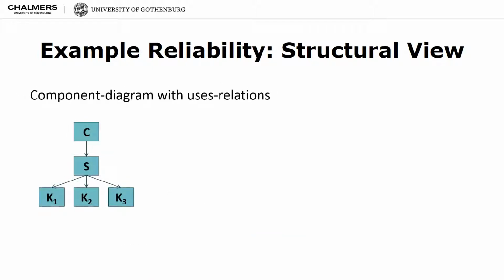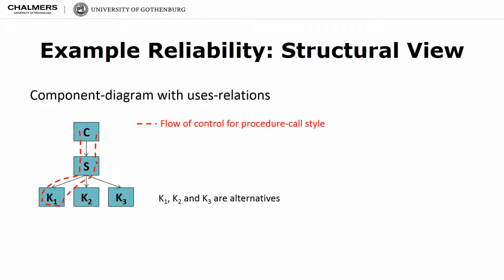Here is another example for reliability based on the structural view. We consider again a system composed out of 5 components, arranged as on the slide. However, in this example, we suppose that K1, K2, and K3 are alternatives to each other. But also, the flow we consider must pass through components C and S, as illustrated through the red dotted line as a control flow through the system.